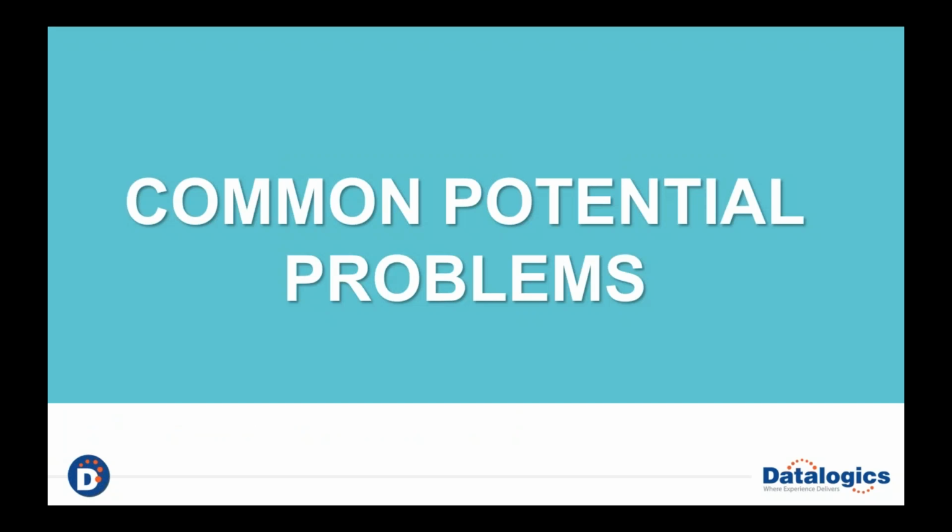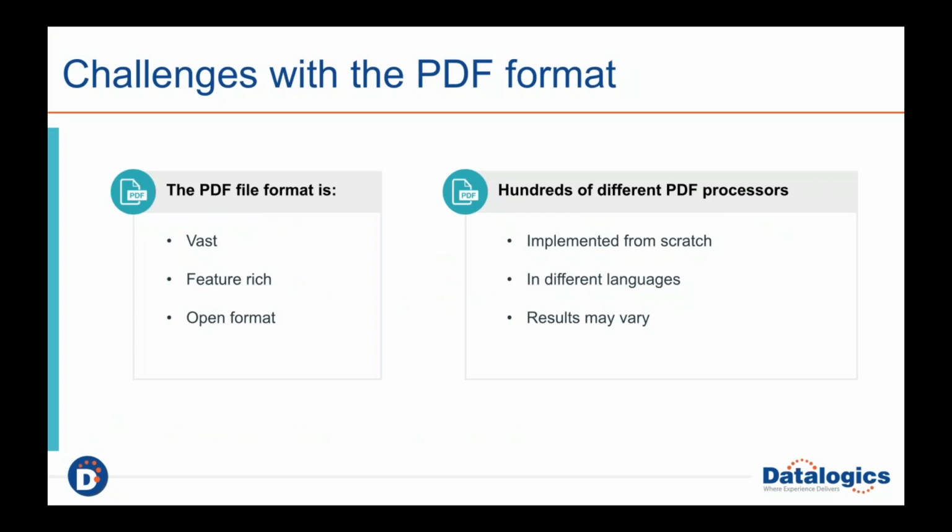So to get started, we're going to talk about common potential problems that one can run into in this space. You're probably familiar with PDF. The average user is familiar with them, and maybe you're familiar with them on a deeper technical level. Well, the PDF format itself is a very large, complicated format. It's vast in terms of the number of features that are packed into it, and luckily it's an open format.